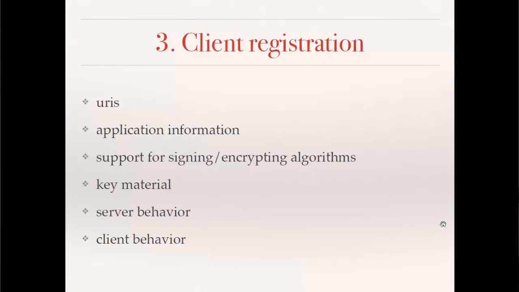Support for signing and encrypting algorithms is the same as for the provider. Key material, again, is the same as for the provider. It's a JWKS URI. But in this case, the client can also send the key material in the client registration request.